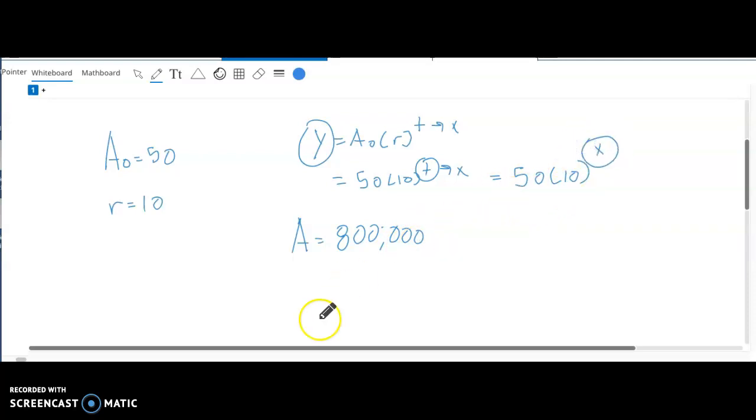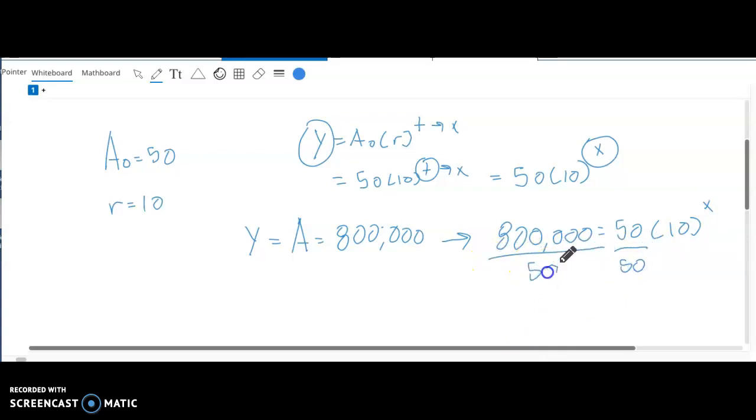Okay, so what we're going to do is we're going to plug in 800,000 for Y and solve for X. Okay, but for me, all you have to do is just show me the equation. Okay, so it's just going to be 800,000 equals 50 times 10 to the X. And then you'll divide 50 on both sides.